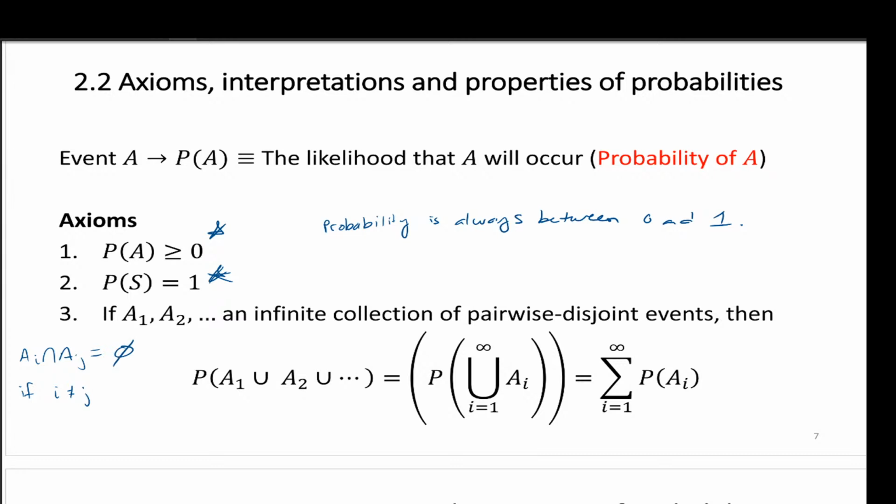They're pairwise disjoint, meaning any two that you compare will not have an intersection. Then, this is an axiom, the probability of the infinite union is the infinite sum of the individual probabilities of the events. So those are our three axioms of probability.